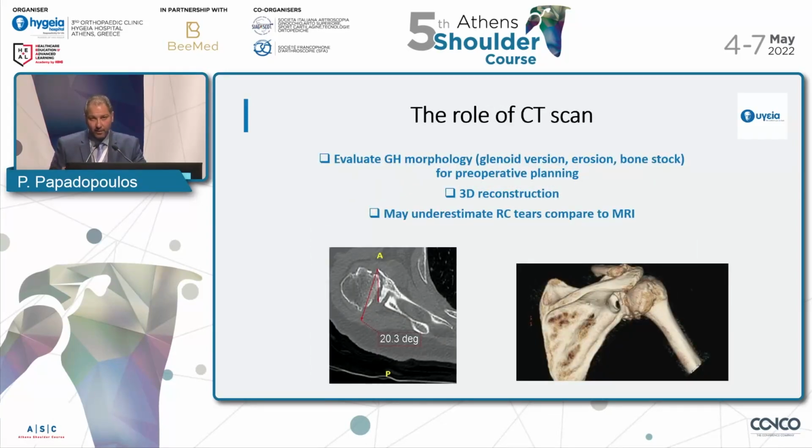So to complete the whole image, sometimes we need to have a CT scan also to evaluate the morphology of the humeral head and the glenoid, the version, the erosion, and the bone stock. We also need the CT scan if you want to have preoperative planning. 3D reconstruction is also needed sometimes in order to give us the whole picture in 3 dimensions.